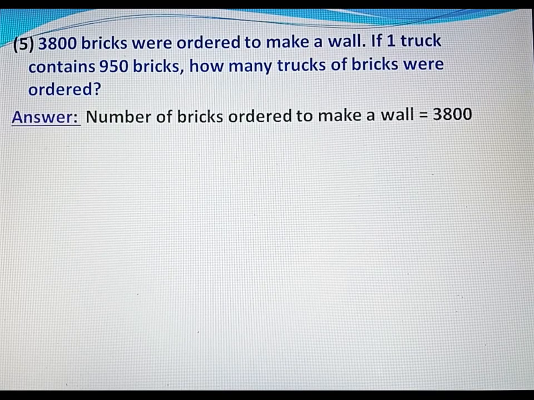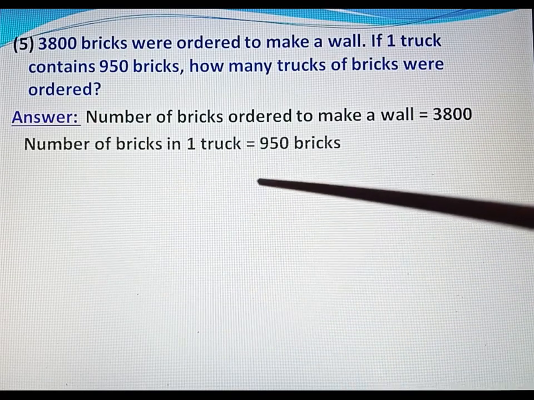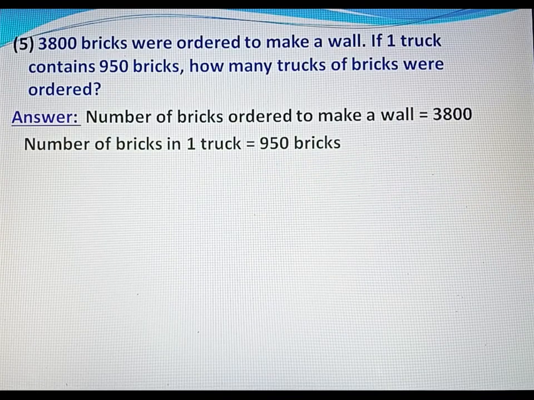See, number of bricks ordered to make a wall equals 3800 bricks. Number of bricks in one truck equals 950 bricks.